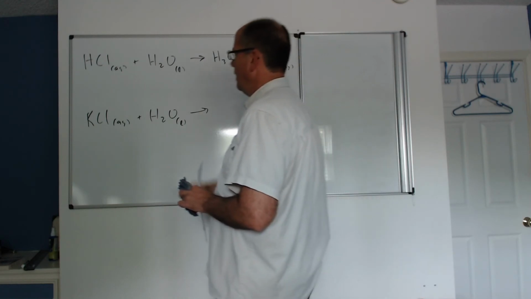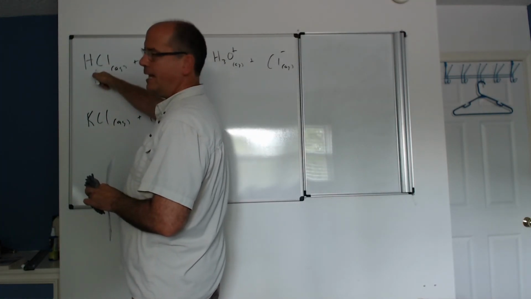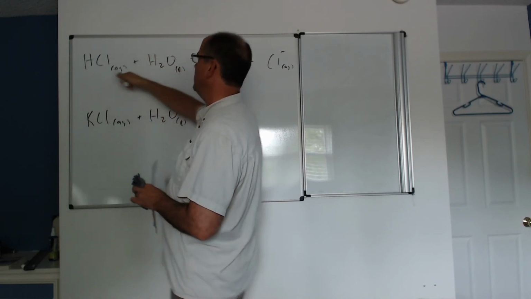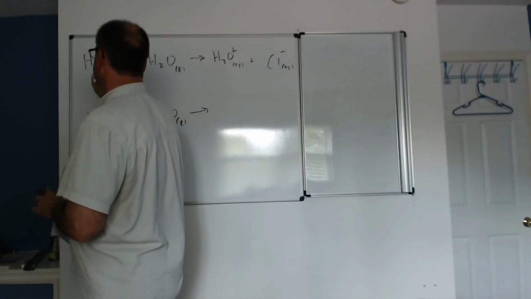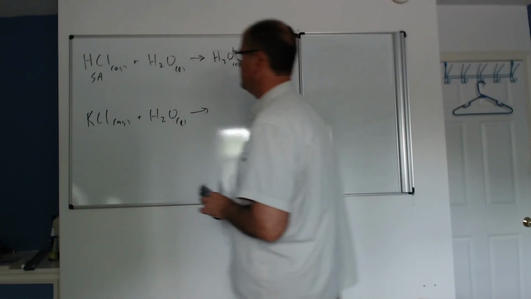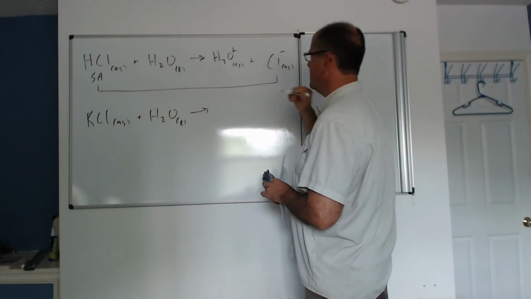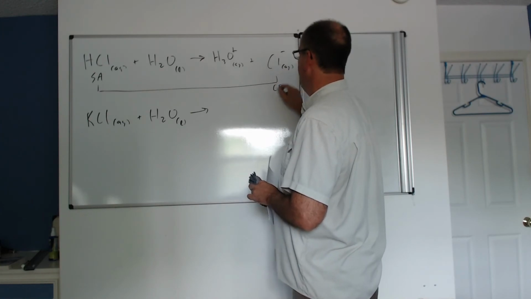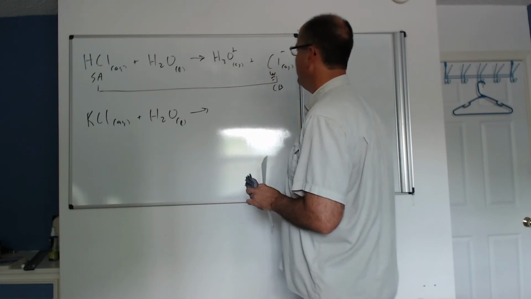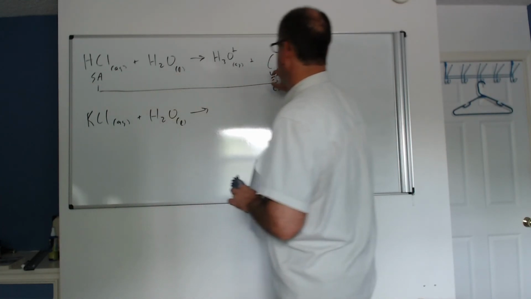So HCl is a very strong acid, and so when it dissociates, its partner is what's left of it, and so this is the conjugate base, but it's weak. It's very weak. If this is very strong, this is very weak.